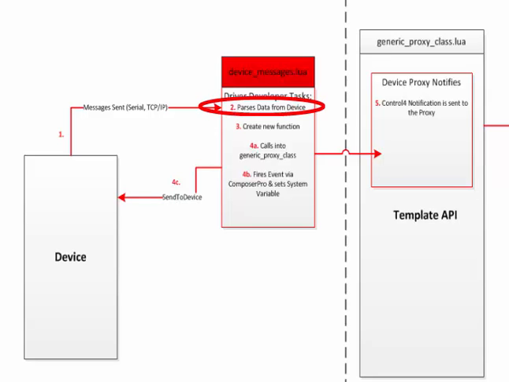We can see at point number 2 that incoming data from the switch must first be parsed by you, the driver developer. This work happens in the device messages.lua file found in the driver template. Let's take a closer look at this file in the driver editor environment.